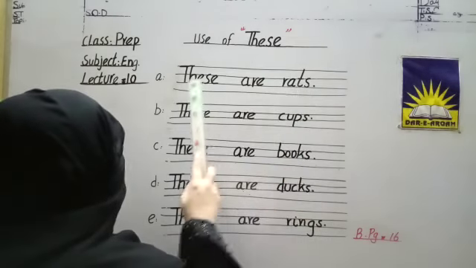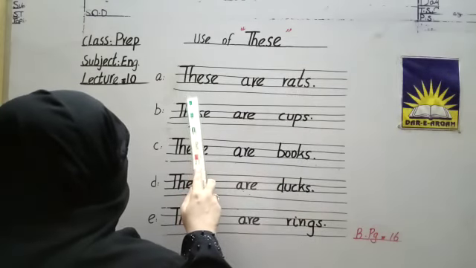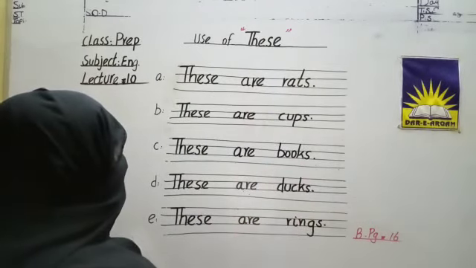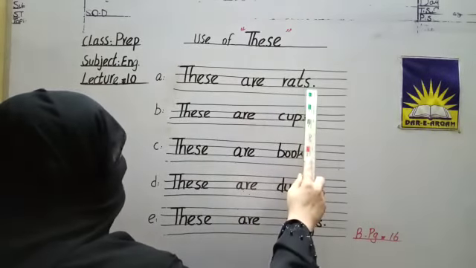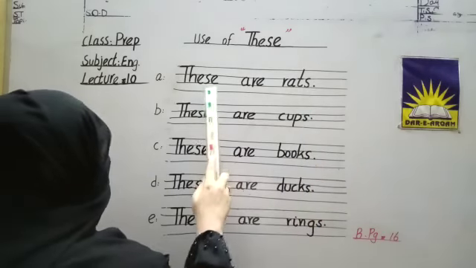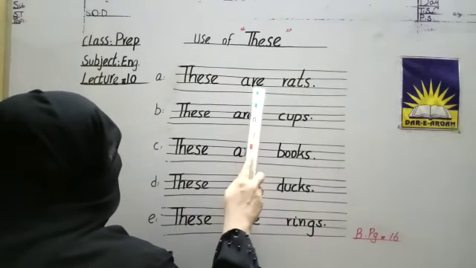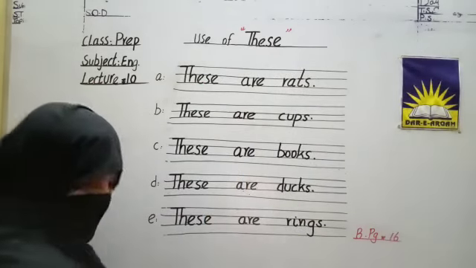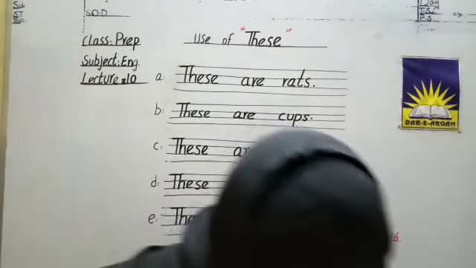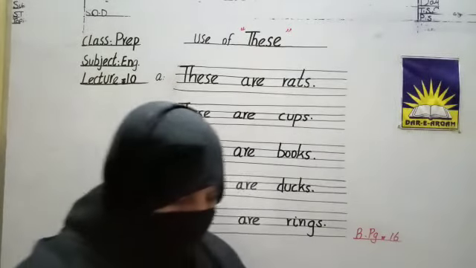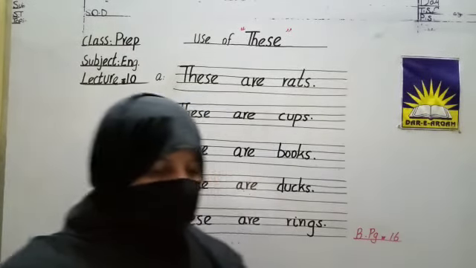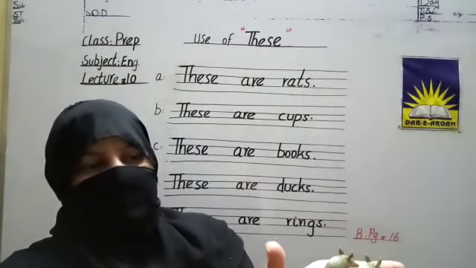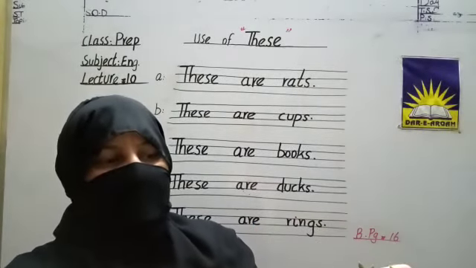So that's why we use here these. These are rats. Now I show you two rats. I have two rats. Look here, students. Yes, these are rats.